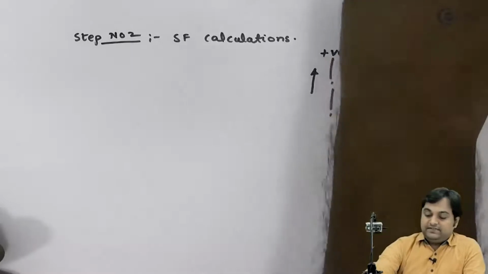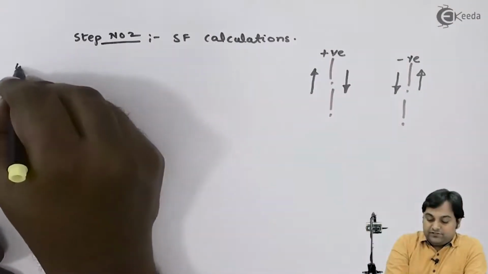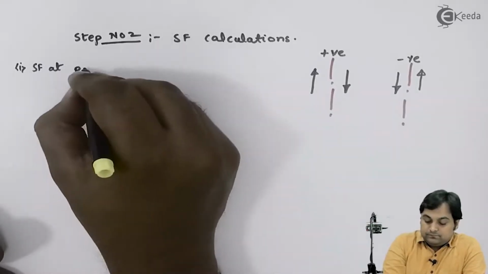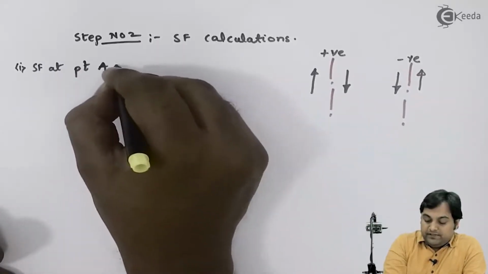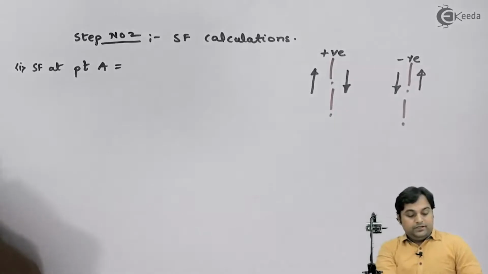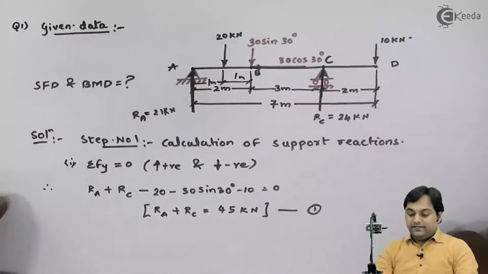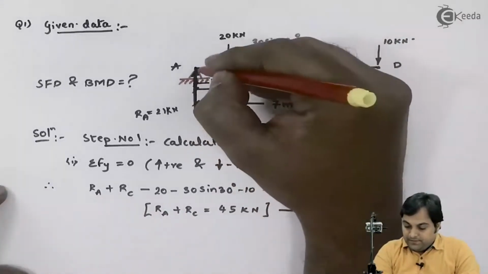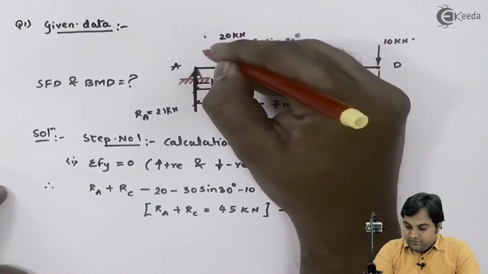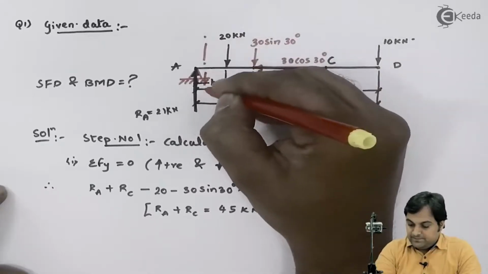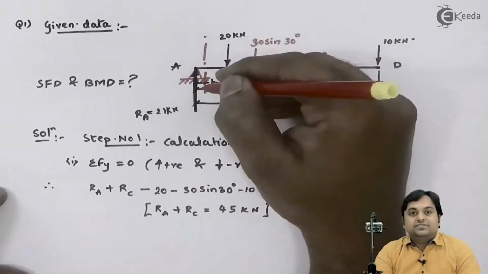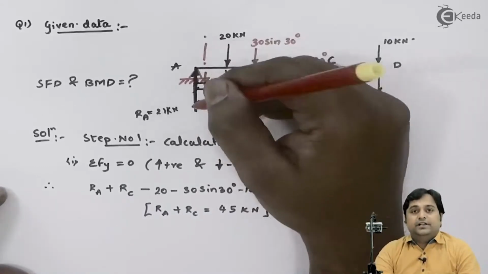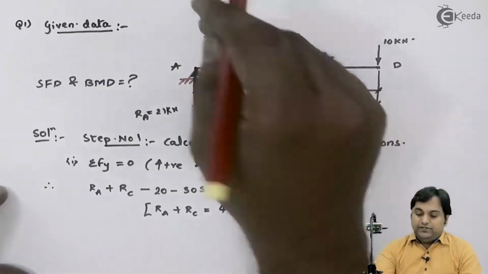So now in SF calculation, I will write down first SF at point A, that is shear force at point A is equal to, here my assumption is that I am taking the section just to the right of A. It is very close to point A. This is my section. Now if I take the section, on the left hand side I have upward force, so it has to be taken positive. So it is plus 21 kilonewton.